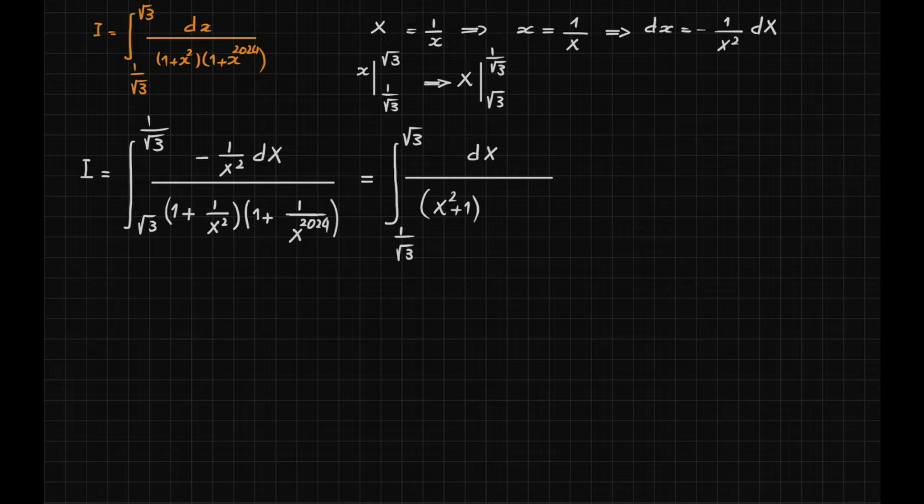And then in the second factor, I take the common denominator, which is capital X to the power of 2024, and then I will have X to the power of 2024 plus 1. Now this will go into the numerator. So finally, I will get that the integral I can also be written in this new form.